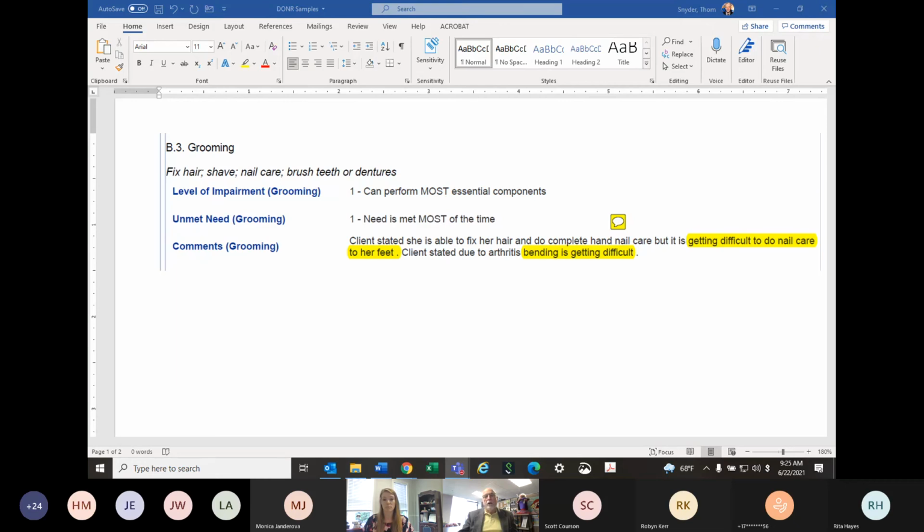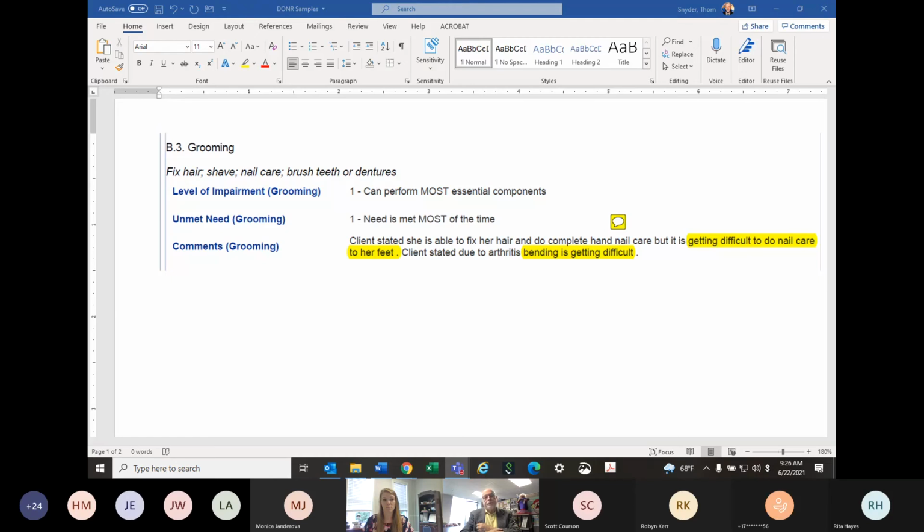If the toenails are just a little bit long and it's not having a significant impact, that's different than her toenails having grown so long they're curling under and making it difficult for her to walk, or digging into her foot some kind of way and causing infections. There's all kinds of ranges of how these things play out. We don't know what those are, so it's important to explain those.